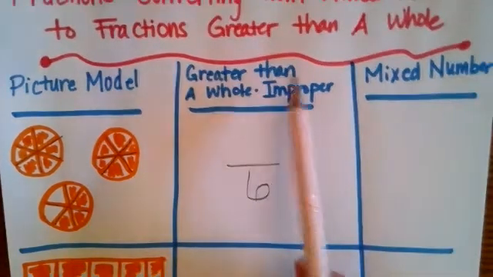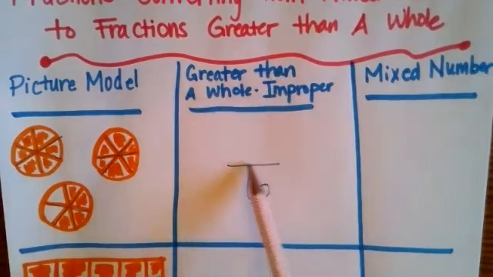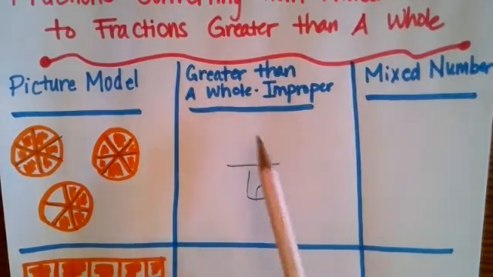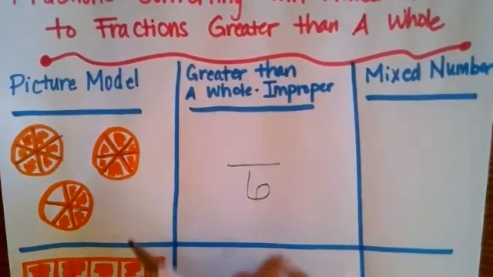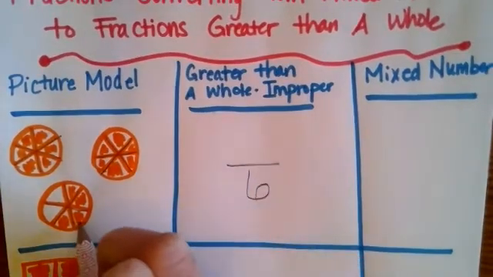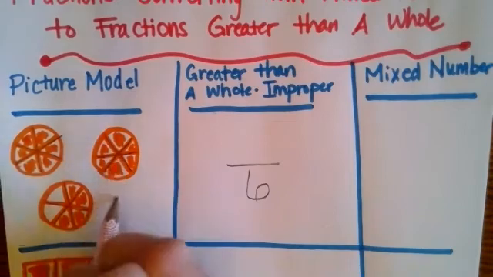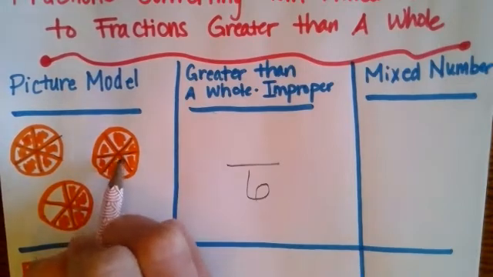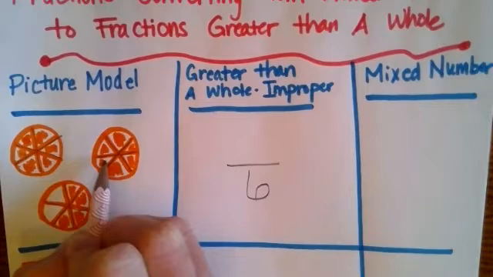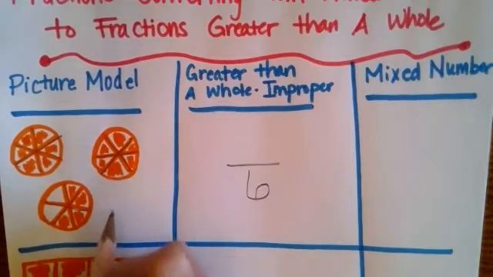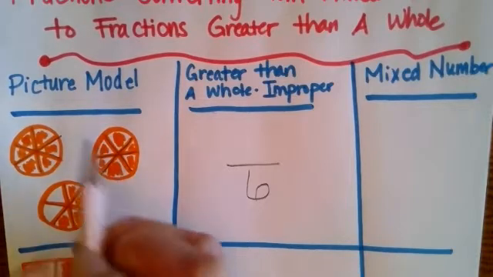Now, I know that this says greater than a whole, so I know my top has to be larger than my denominator. So I'm going to try to figure that out right now. I want to know then in my entire picture, not just one whole, but in all 3 of these wholes, how many total sixths are colored in, which represents that they are eaten?